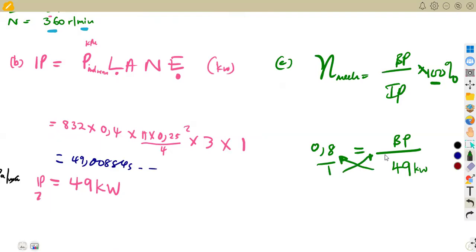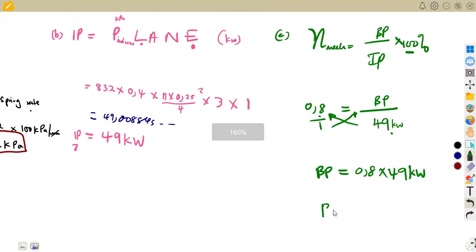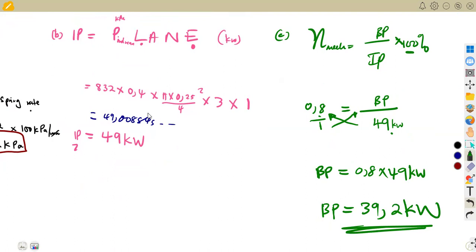If we cross multiply, brake power is equal to 0.8 times 49 kilowatts, which is 39.2 kilowatts. That's the idea. So with the indicator diagram, you have to be very careful how you are given your information.